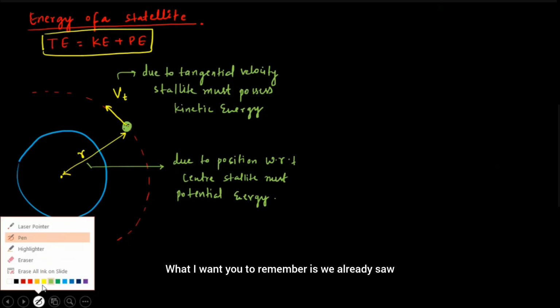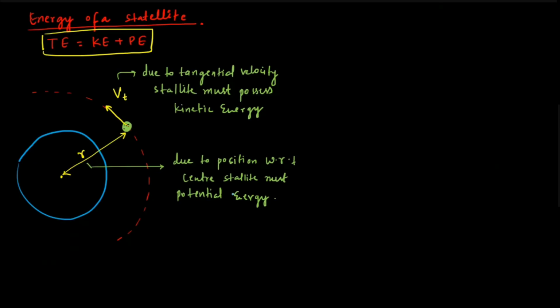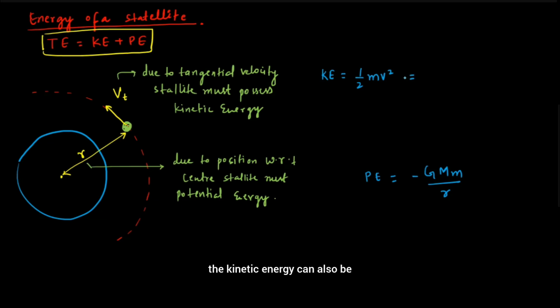What I want you to remember is we already saw in this class that gravitational potential energy is nothing but negative GMm over R. Similar to this, we also need to understand that apart from half mv square, the kinetic energy can also be GMm over 2R.